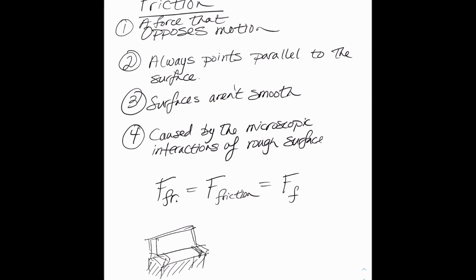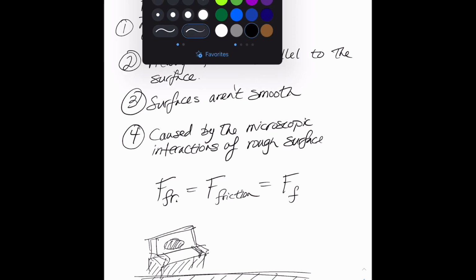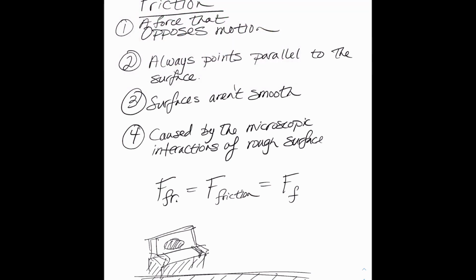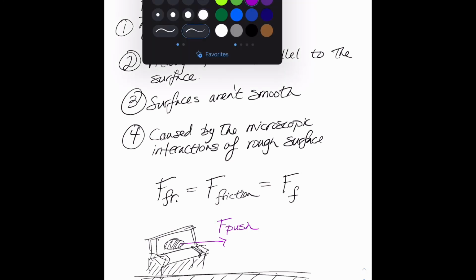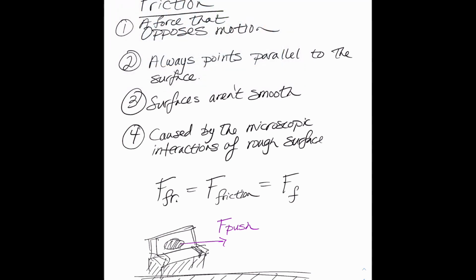Okay, so something like that. You have a couch, and the couch is sitting on the floor, of course, and you decide you're going to push the couch. We know that if we give the couch a force, we'll say to the right here, force push, that we expect there to be a counteracting force friction.